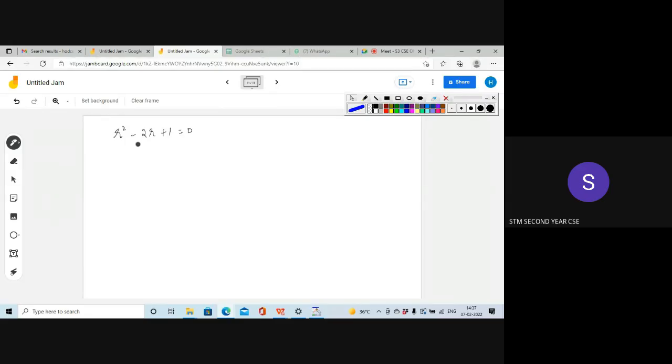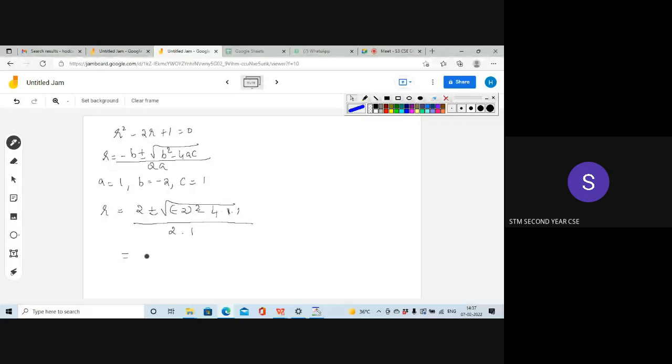How do you find the roots? r is equal to minus b plus or minus root of b square minus 4ac by 2a. So here a is 1, b is minus 2, c is 1. Substituting, you get r is equal to 2 plus or minus root of minus 2 the whole square minus 4 into 1 into 1, by 2 into 1.